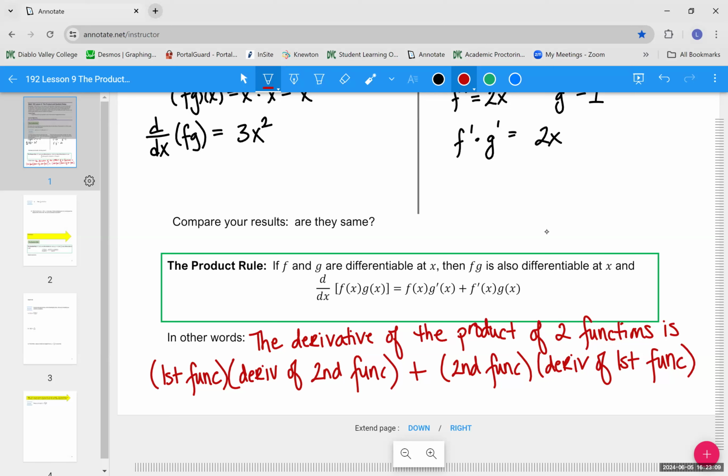And it doesn't matter what order you do that in. I mean, this is a plus, right? So you could swap the order of the things that you're adding because it doesn't matter. So that's our product rule.